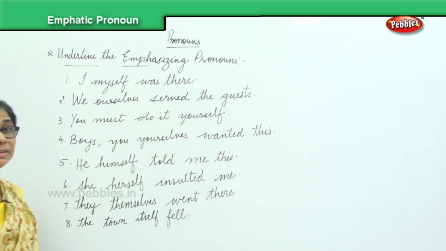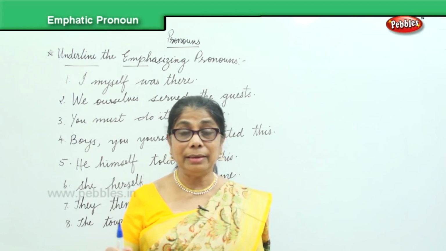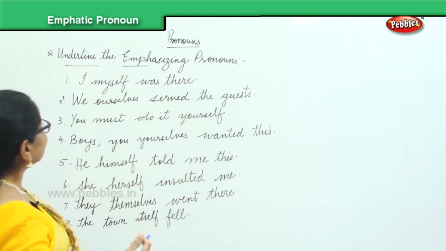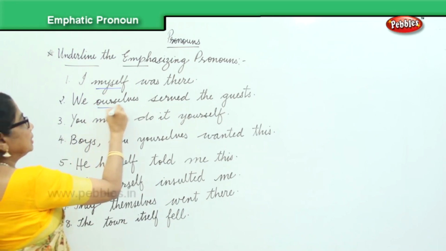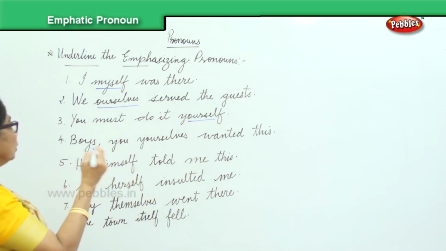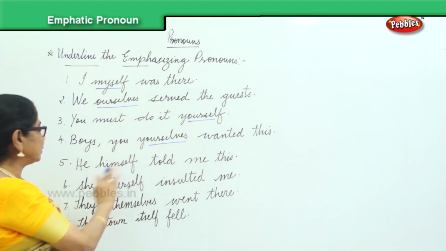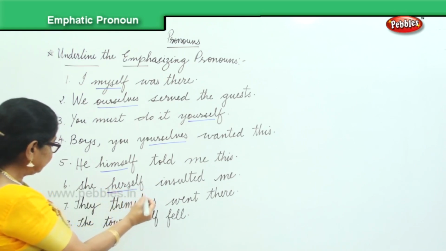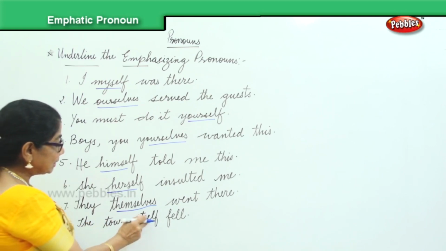So now we are looking at underlining the emphasizing words, emphasizing pronoun. We're going to underline the emphasizing pronoun. Okay, now I myself, we ourselves, you yourself, you yourselves, self or selves, when it's plural selves, he himself, she herself, they themselves, the town itself.